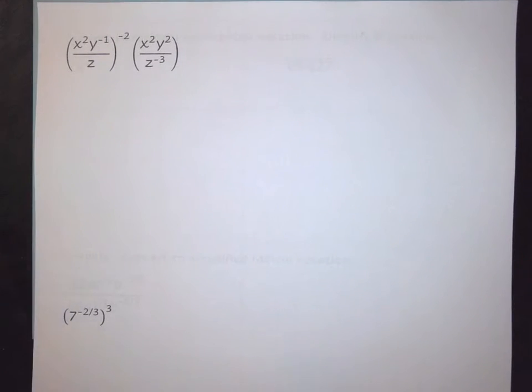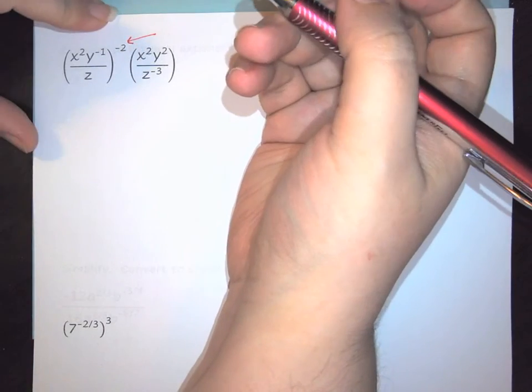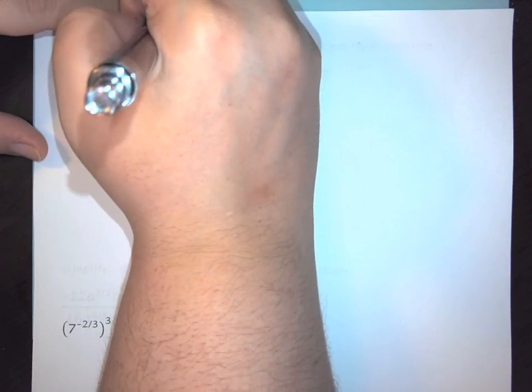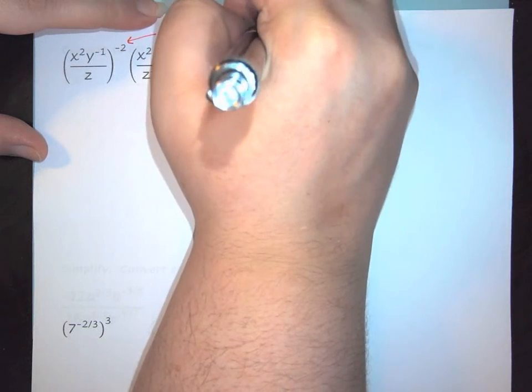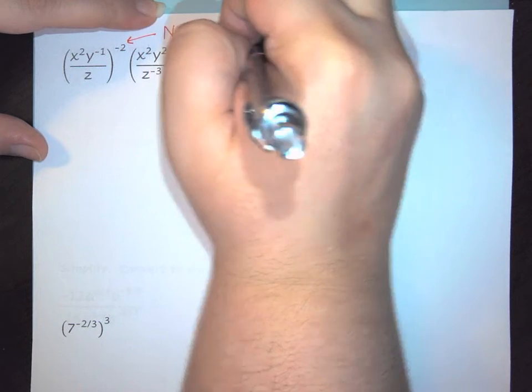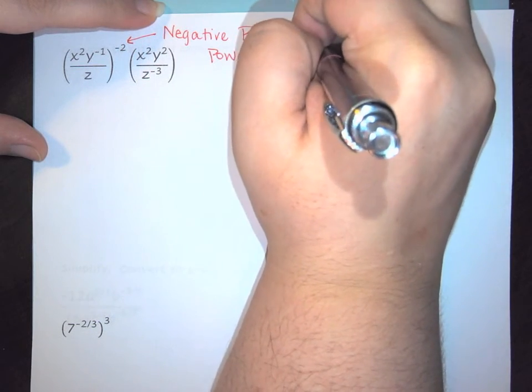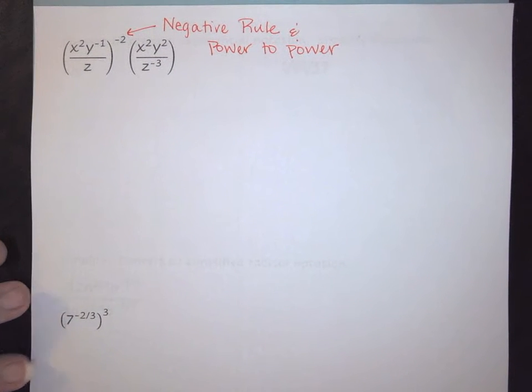Alright, let's look at this next one. In looking at the next one, the first thing that you should notice is this -2 right here. And this -2 has two rules attached to it. The first rule is the negative rule, and it is also power to a power. So there's a couple ways that you could attack this. You could apply power to a power and then apply the negative rule, or apply the negative rule first and then power to a power.